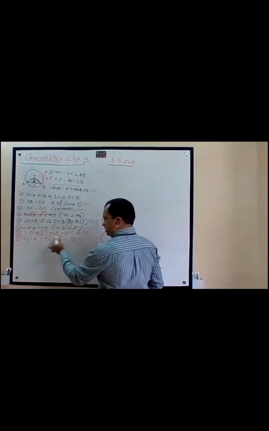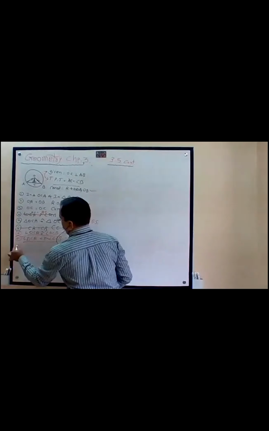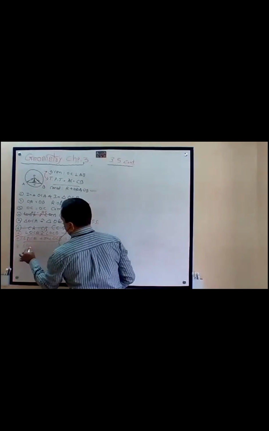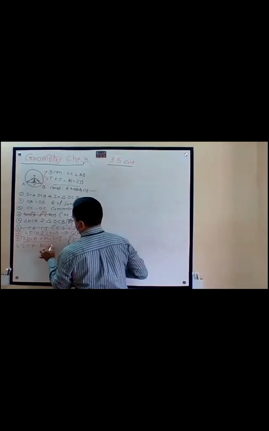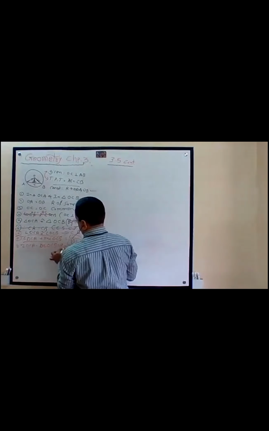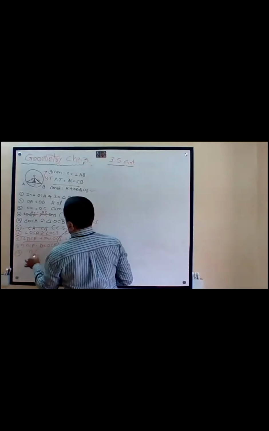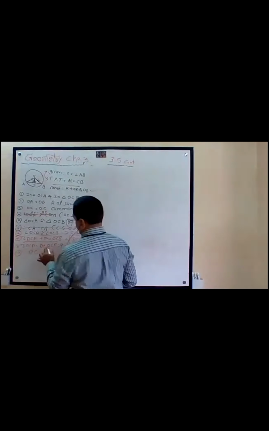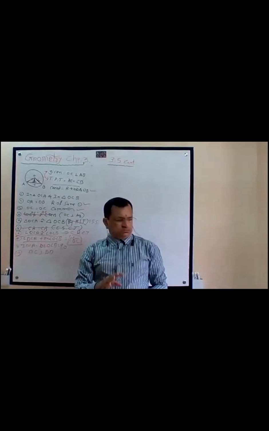Both are equal and the sum of both is 180, so individually 90. And therefore, OC is perpendicular to AB. But the previous one is more important.